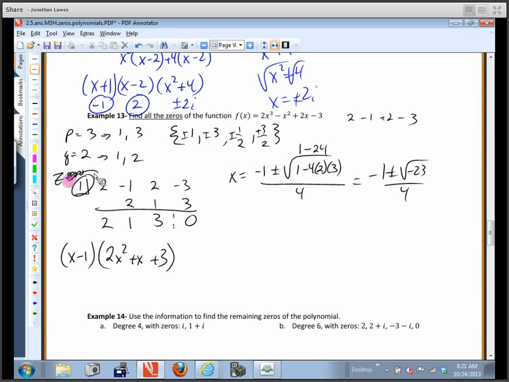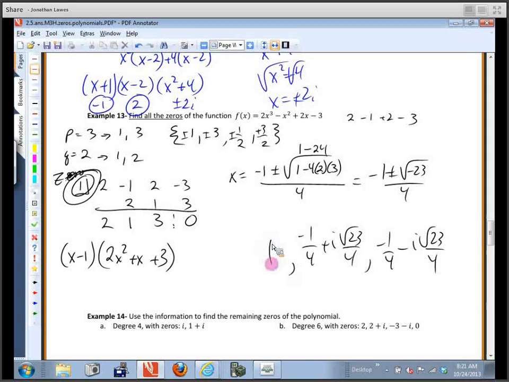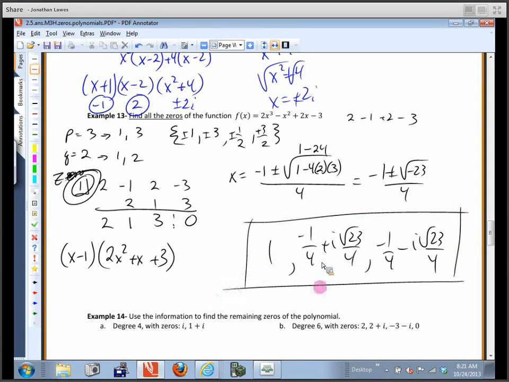I already found one of them right here. How many are contained right here? 2 of them. One of them is negative 1/4 plus i radical 23 over 4. The other one is negative 1/4 minus i radical 23 over 4. Notice how they're conjugates. And the other one was the one we found to begin with. It was 1.